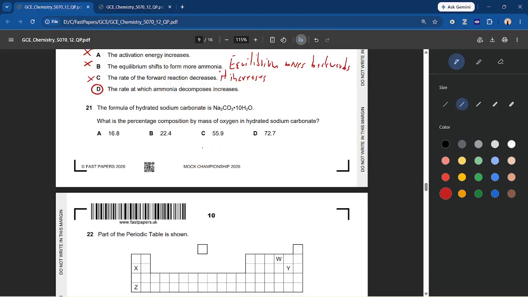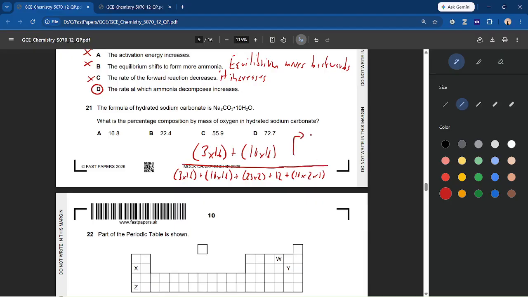So let's do the math. 3 times 16 plus 10 times 16, so this will be 10 times 16 divided by 3 times 16 plus 10 times 16, plus you have 2 sodium, so that'll be 23 times 2, plus 1 carbon, which is 12, plus 10 times 2 times 1.